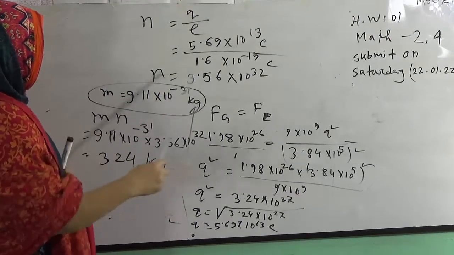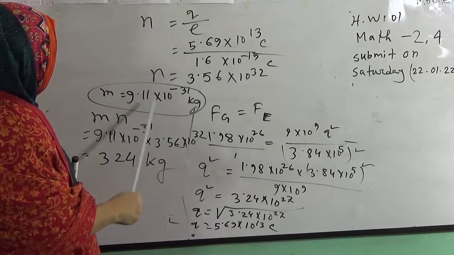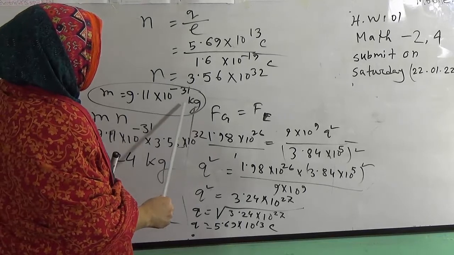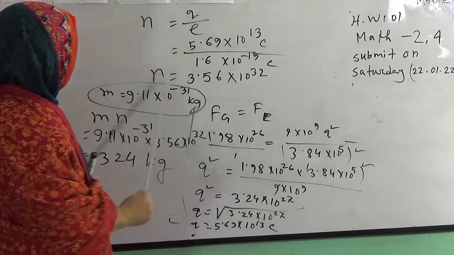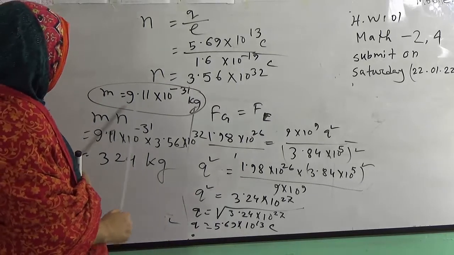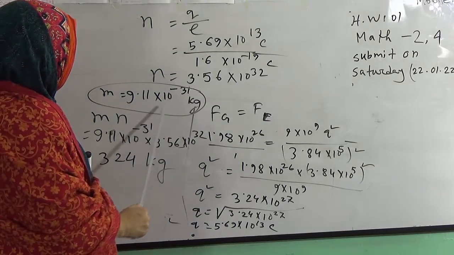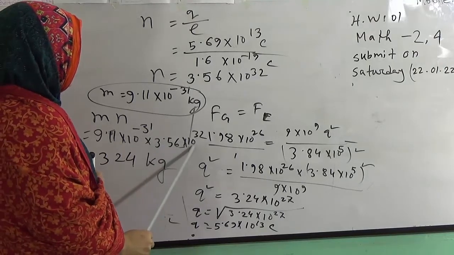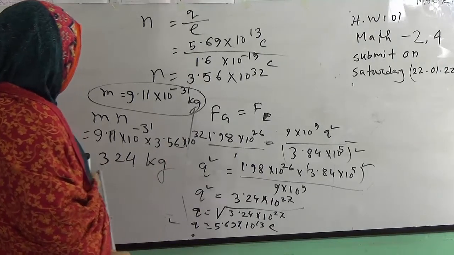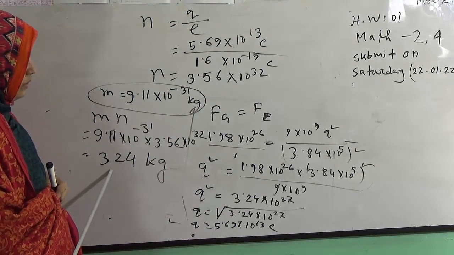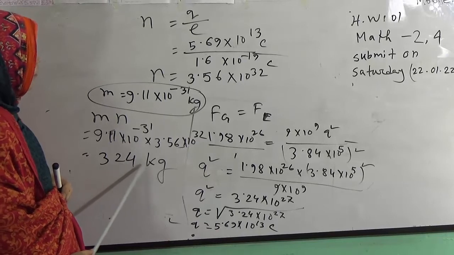We can easily find the mass of all electrons: Mn equals 9.11 into 10 to the power minus 31 into 3.56 into 10 to the power 32, and by multiplication we will get 324 kg.